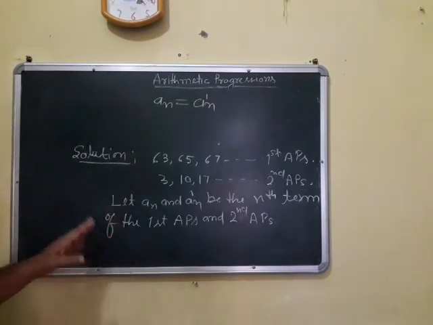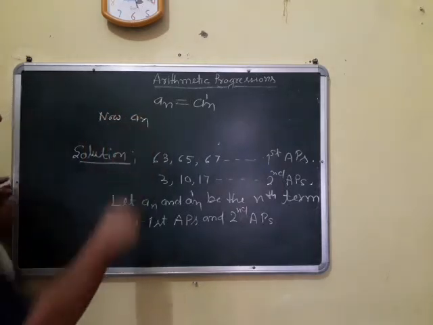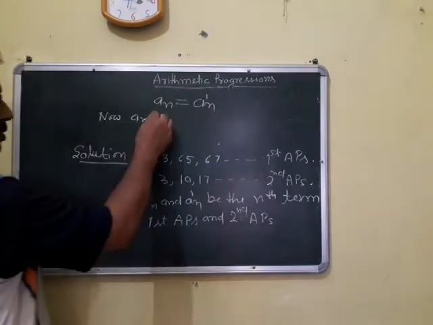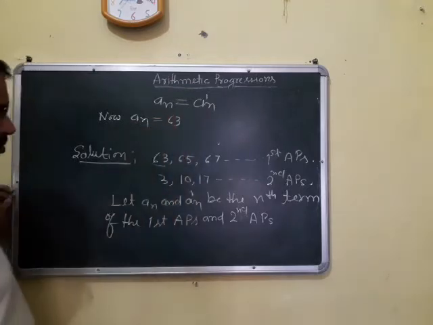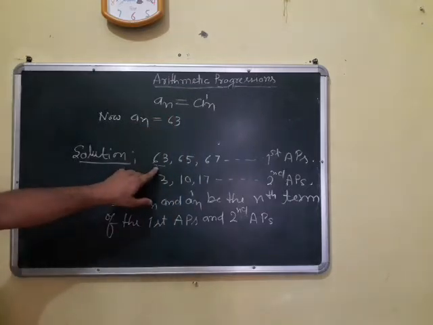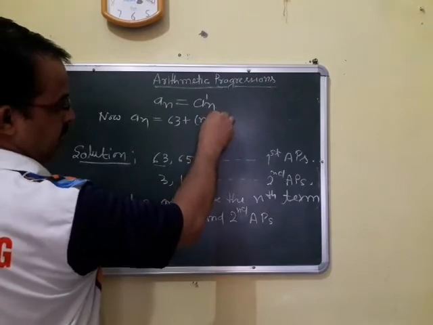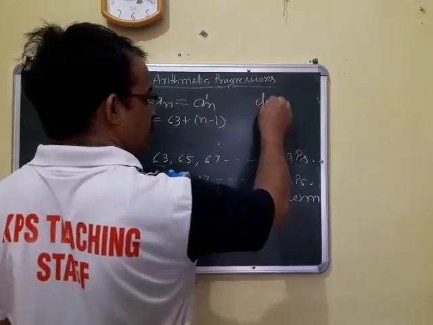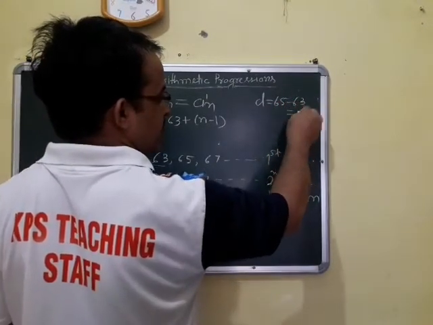So now find an. An is equal to, the first term A is given here as 63, plus (n minus 1) into d. So d we find here: 65 minus 63, we get 2.